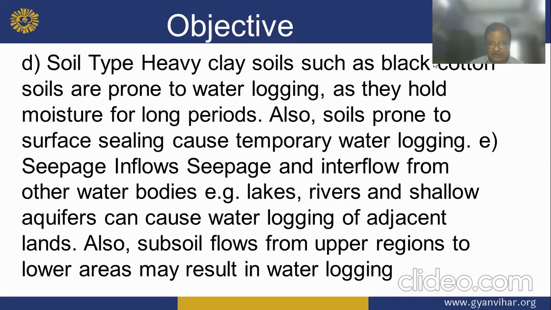Seepage and inflow from other water bodies, that is the lake, river and shallow aquifer, can cause waterlogging of adjacent land, and also subsoil flow from the upper region to the lower region results in waterlogging.